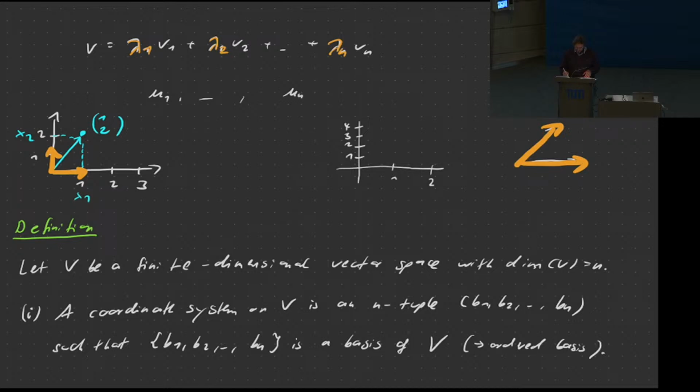Maybe I'll use a system that has this vector here, and then a much smaller vector in that direction. And depending on the application that I have, this might be a smarter choice for describing whatever I want to describe.